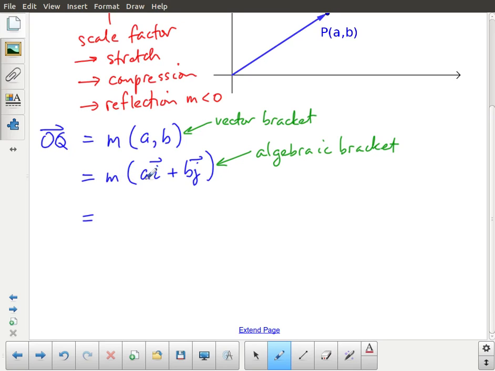Here we're going to use the distributive property. So I multiply this m times the first term, so I end up with ma times the i vector plus mb times the j vector. And so I end up with ma comma mb when I return to a bracket notation.